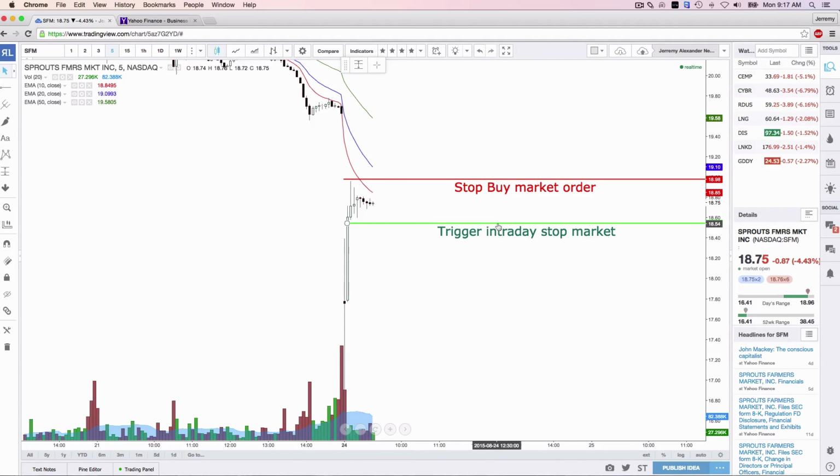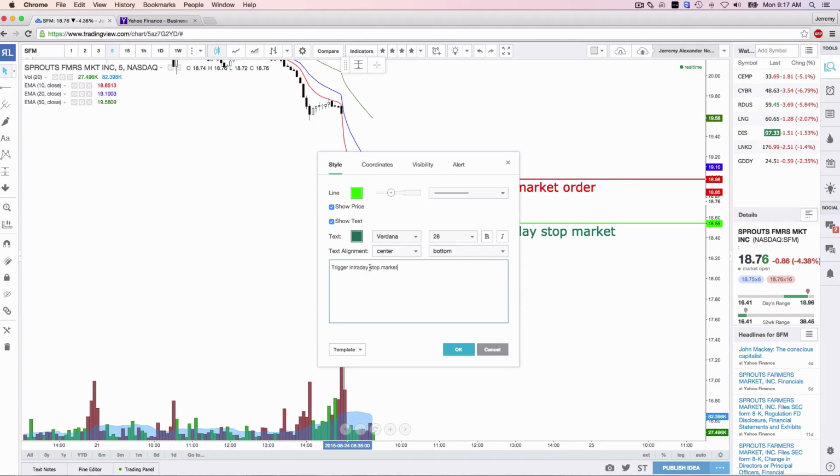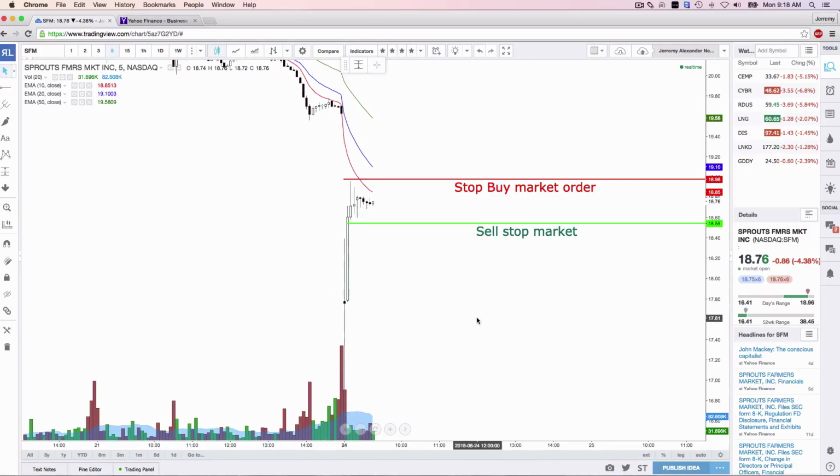This trigger, if it's bearish, same exact thing, would be a stop market order to sell if you're bearish. Stop market. So if it triggers down there at 1855, you would sell the stock at 1855 at the bid, and you would now be in the trade bearish.